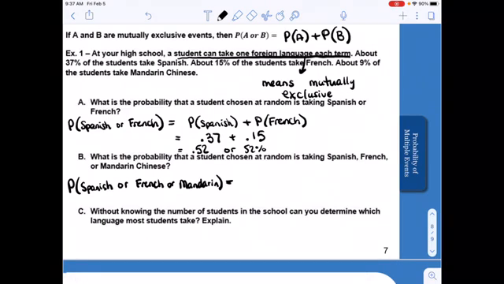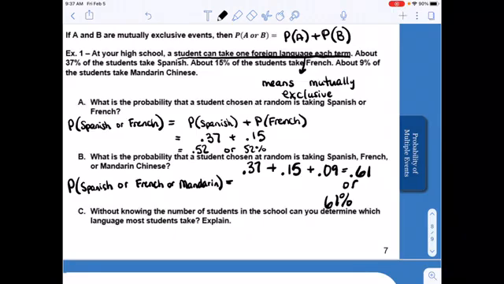So we go ahead, take the probability of Spanish, once again switch this to a decimal, 0.37, plus the probability of French, 0.15, plus the probability of Mandarin Chinese, 0.09. That actually equals 0.61, or 61% of students take those 3 foreign languages.